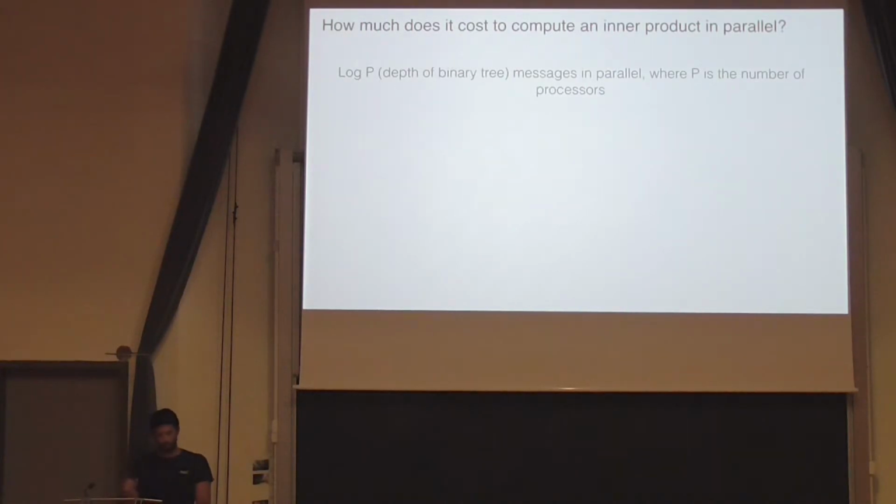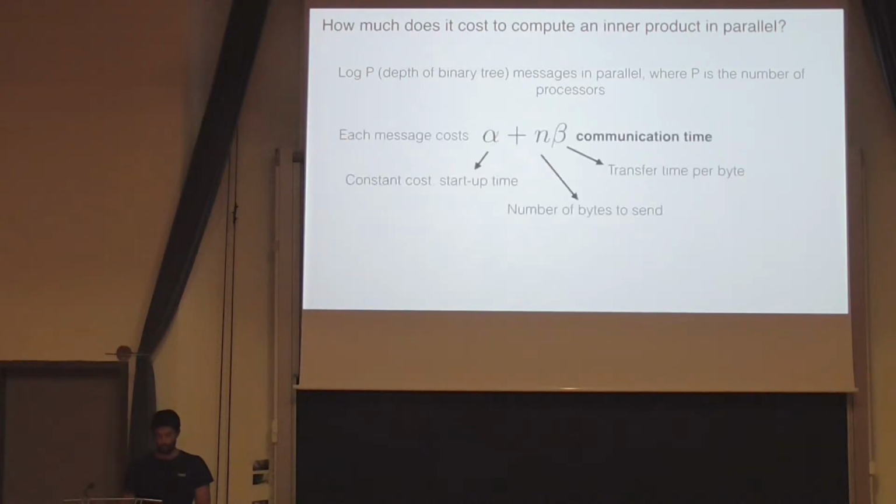Well, a simple way to model this cost is by a linear function with respect to the number of bytes. Every time that we want to send a message, there is a constant startup time, which we denote with the letter alpha, plus a linear term which depends on the number of bytes, where n is the number of bytes that we want to send, and beta is the time that the hardware requires for those n bytes.